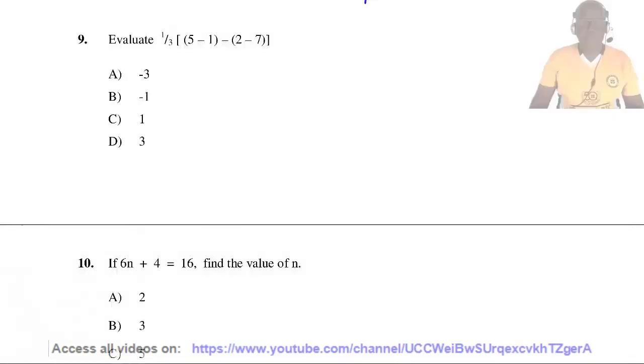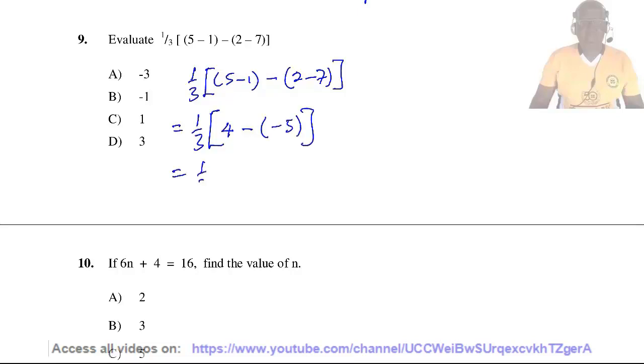Question 9. We are to evaluate the given expression, that is 1/3 [5 - 1 - (2 - 7)]. We shall start with the inner brackets. 1/3 [5 - 1 equals 4, minus (2 - 7 equals -5)].